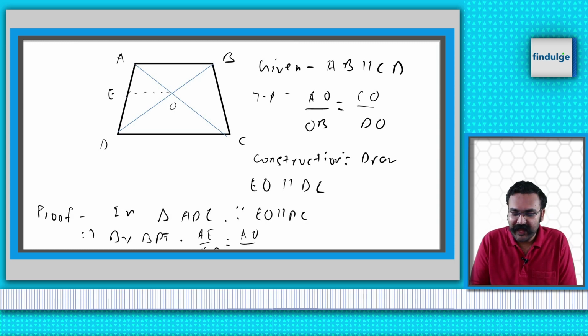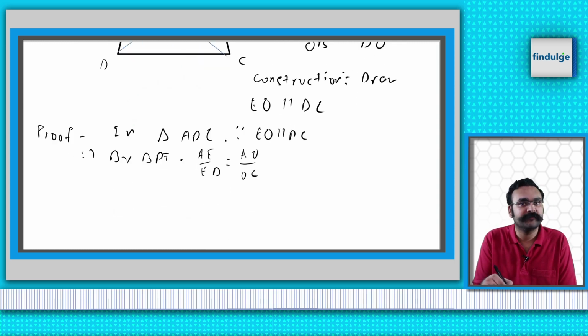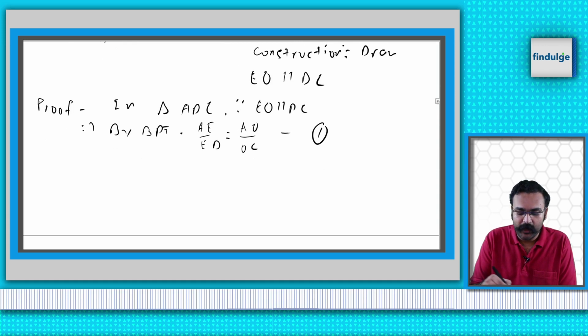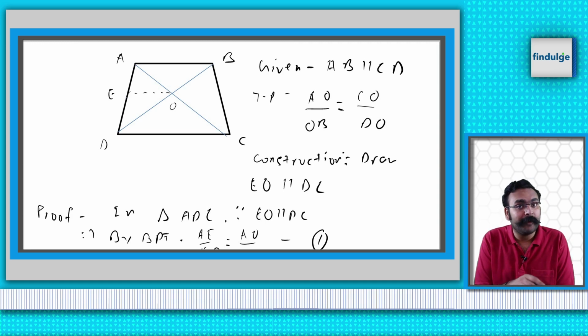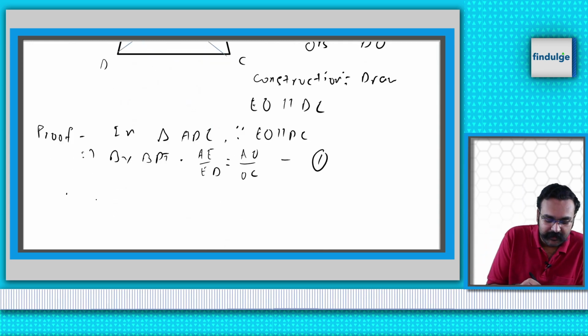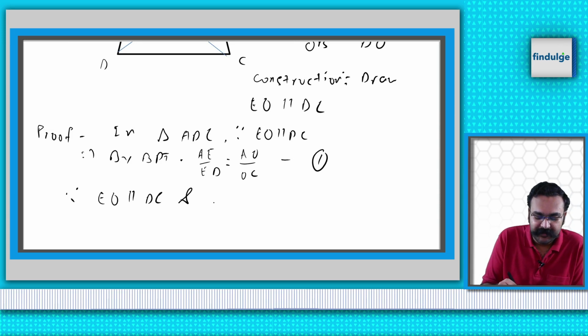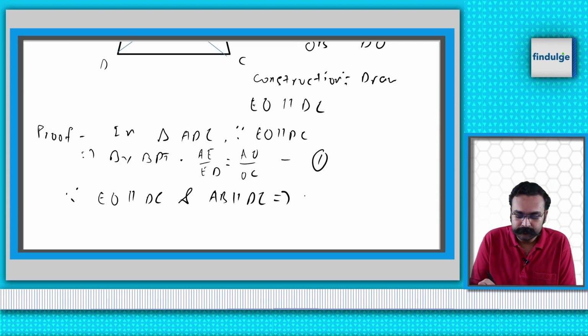And what we see is I have some form of my O's with AO and OC here. And so let this be equation 1. Now, since we drew EO parallel to DC, it means EO will also be parallel to AB. Lines parallel to the same line are parallel to each other. So we'll just write that out. Since EO is parallel to DC and AB is parallel to DC, this means that EO is parallel to AB.